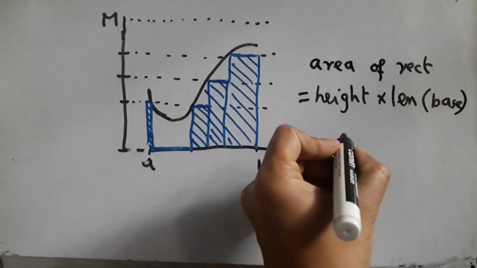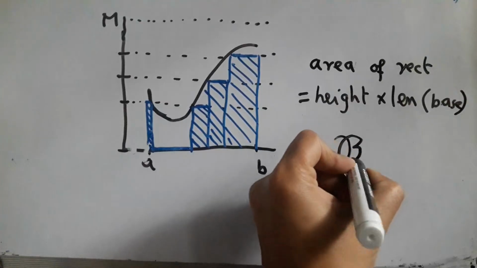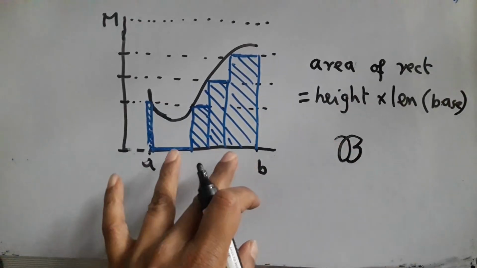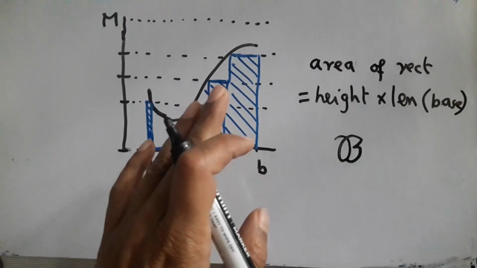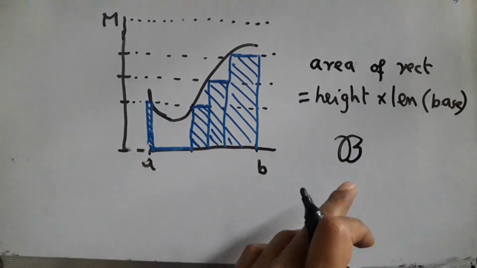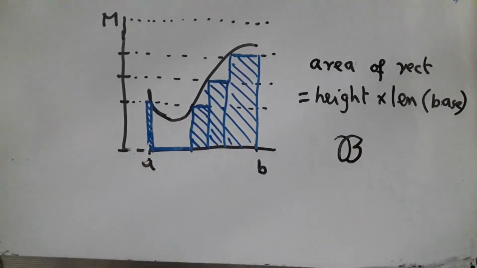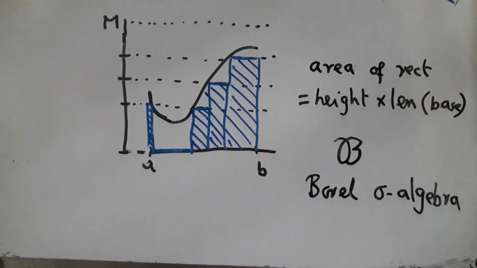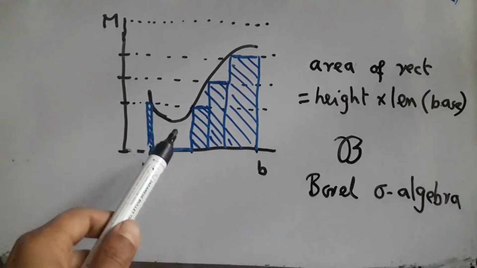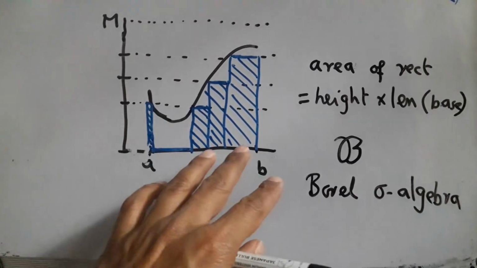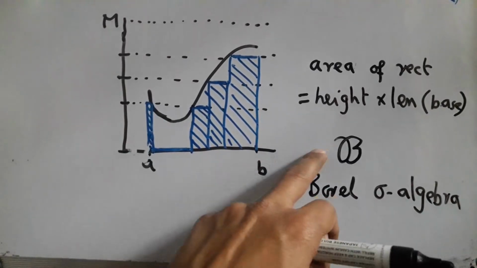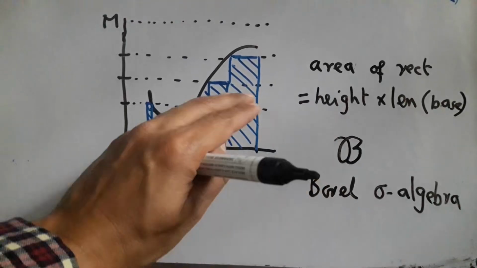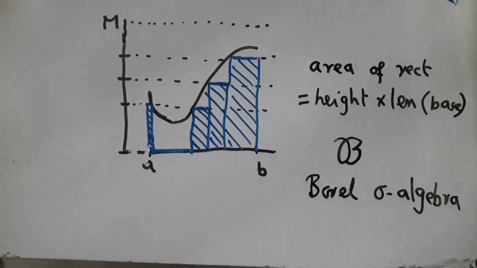We have called the set of all the subsets of a to b with a valid definition of length by the symbol script B, which we call the Borel sigma algebra. So when we are approximating, we just have to make sure that all the bases belong to this set. It is not that any arbitrary simple function will do.